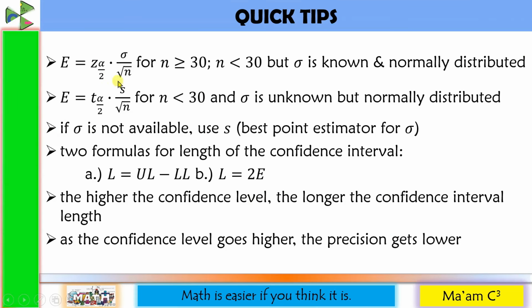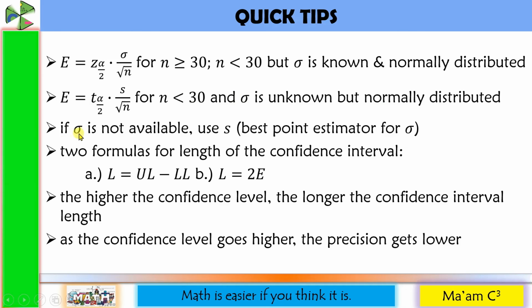Quick tips: we use this formula for margin of error if our sample size is greater than or equal to 30, or our sample size is less than 30, but we know the population standard deviation and the distribution is normally distributed. We use T instead of Z if our sample size is less than 30 and the population standard deviation is unknown, but the distribution is normally distributed.